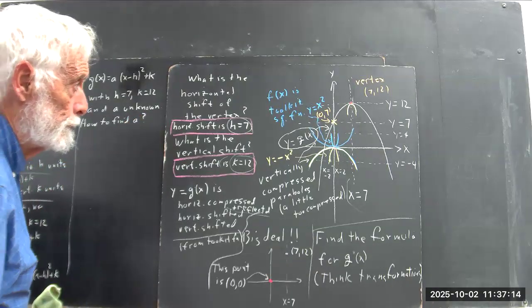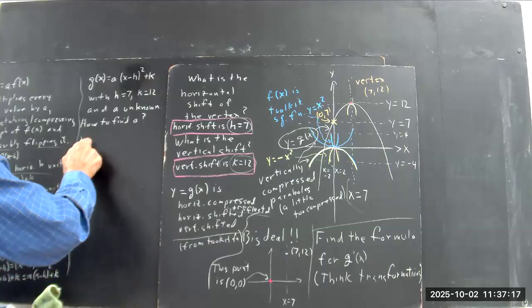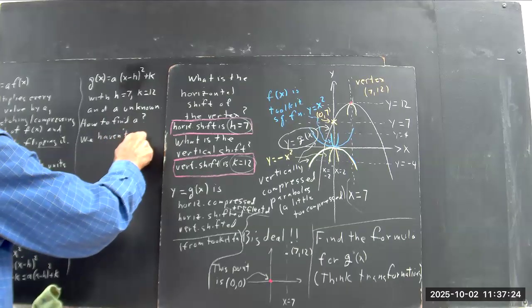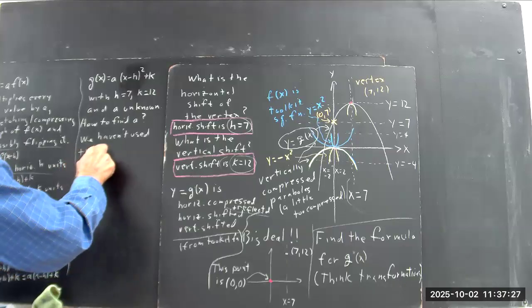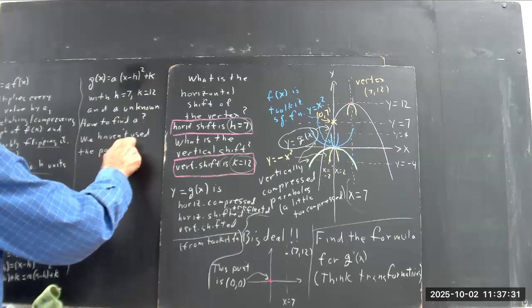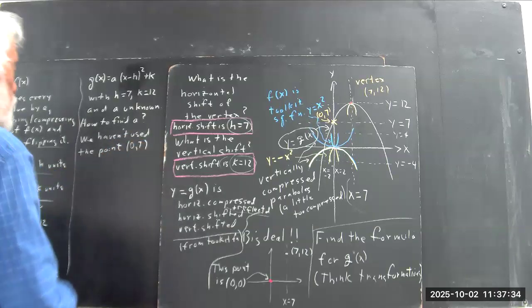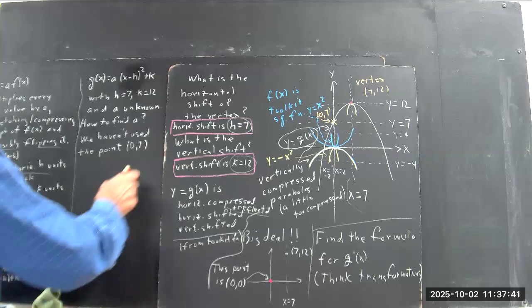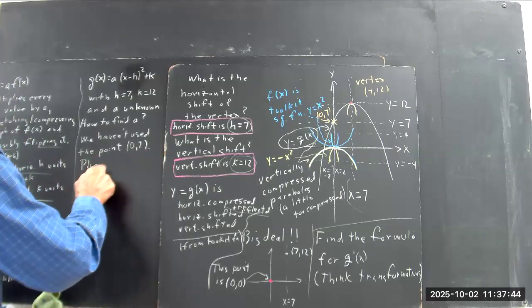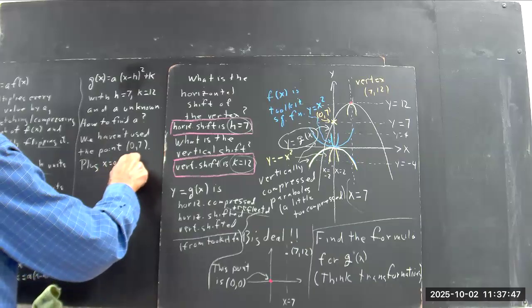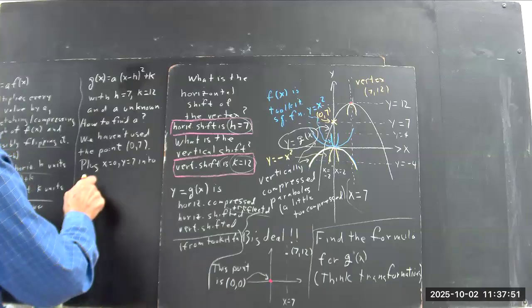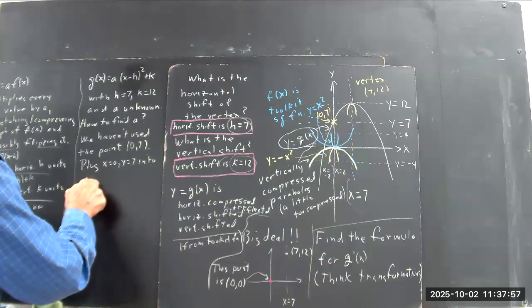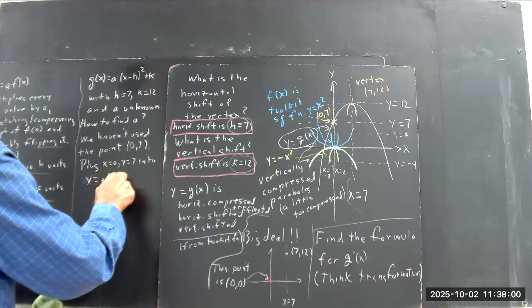How to find a? Well, we know, what do we know? We haven't used the 0.07. Okay?